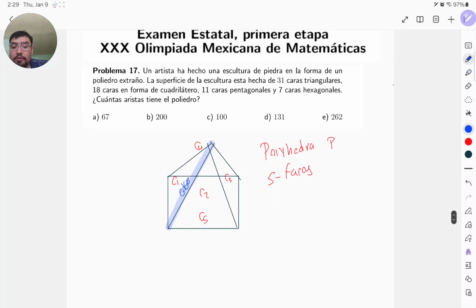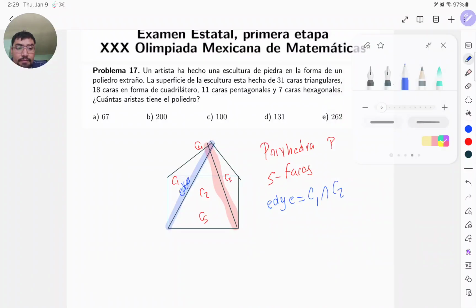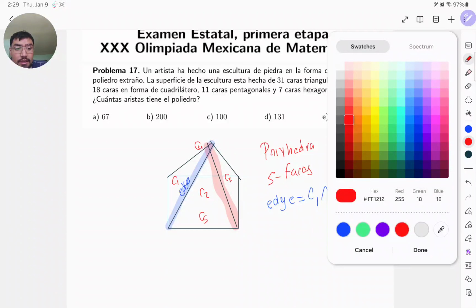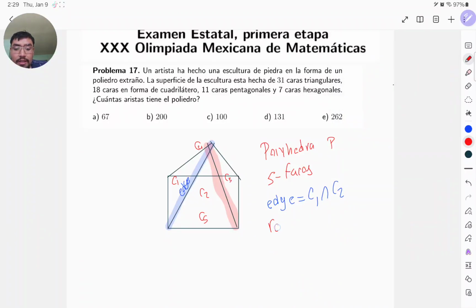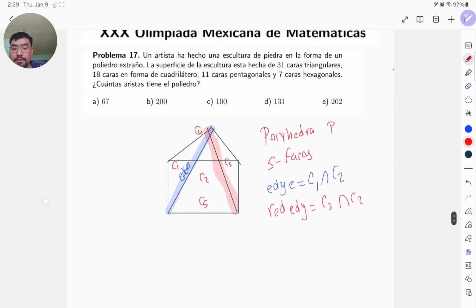For example, this blue edge is basically the intersection of the faces C1 and C2. Another example is this other edge, the red edge, which equals C3 intersection C2.